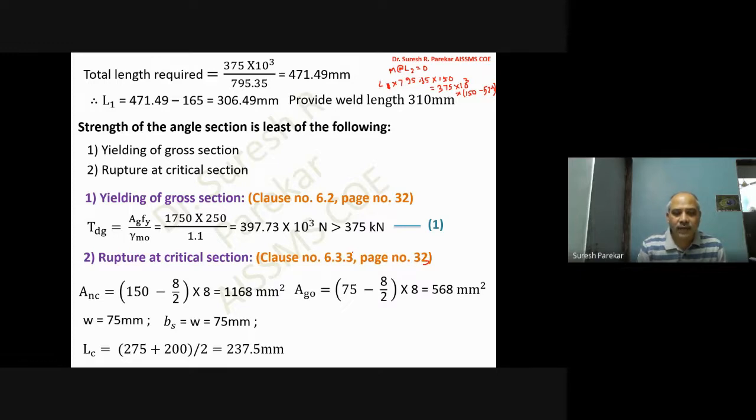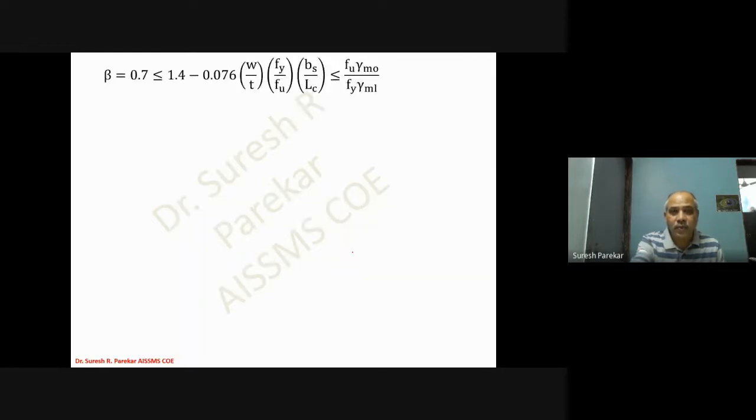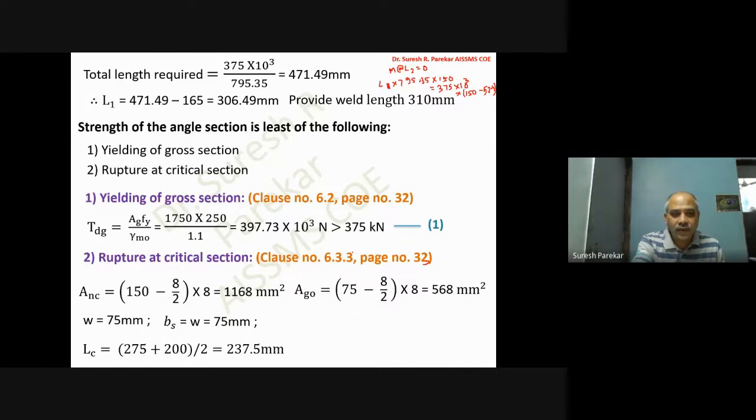So we can go with the average of the lengths, or we can go with the greater value, and then we put in the values. So we have 275, 375, 475. So in total we require 475 over here, 471.49.